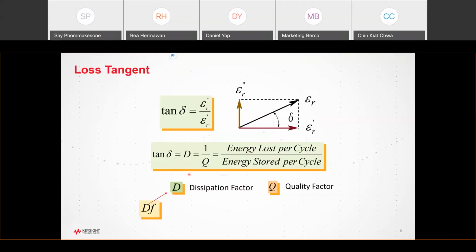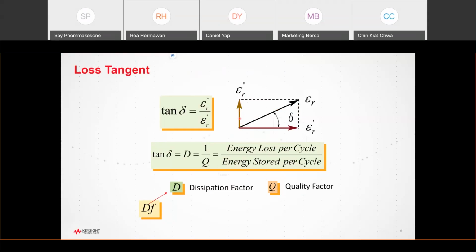Another term that you come across is called loss tangent or dissipation factor. This is one term used to describe the relationship between the real part and imaginary part of permittivity. When the relative permittivity is drawn as a vector sum using the real part and imaginary part, they are 90 degrees out of phase.